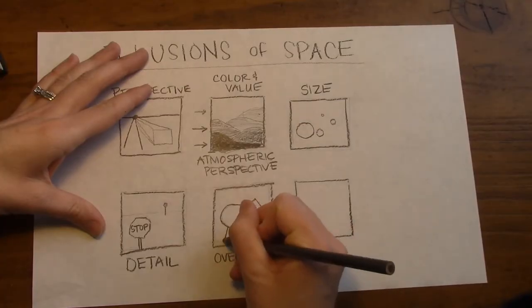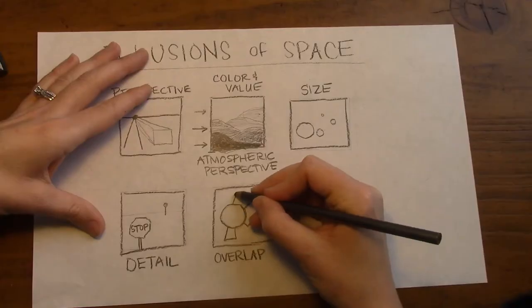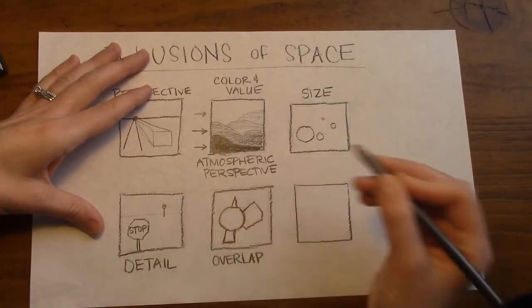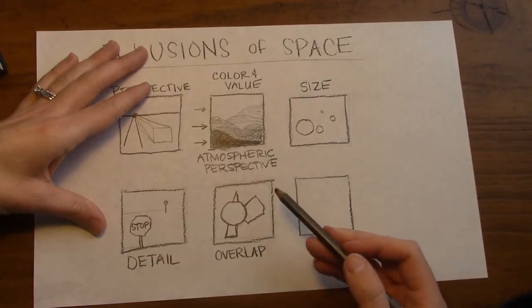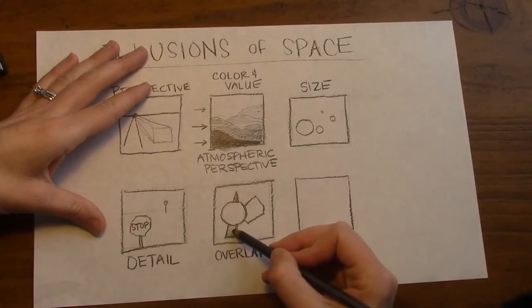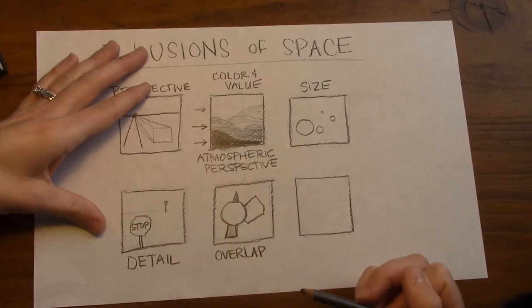Okay? So as you continue to add that on, especially if you're going through the other side here, you can see how it starts to create the illusion even more so that this object right here, this shape, is behind the shape that's in front of it.